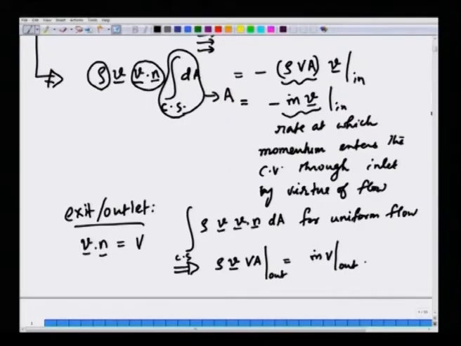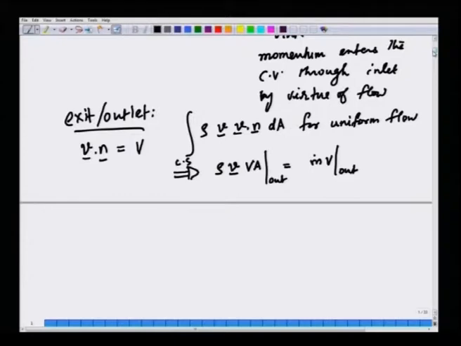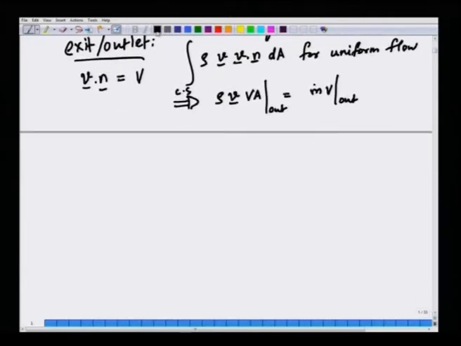So, when the flow is uniform, we get very simple answers for the influx and outflux terms. But having said that, we also have to worry about more realistic cases.